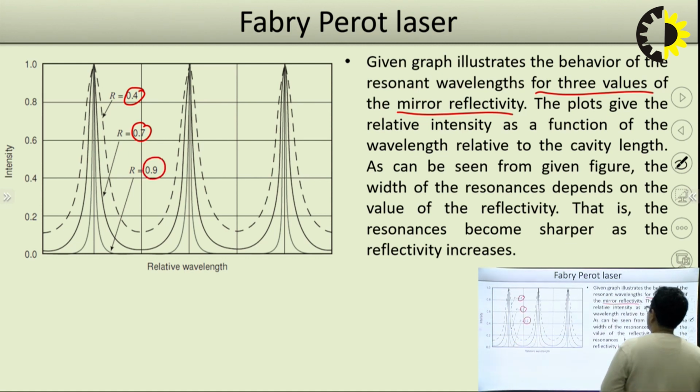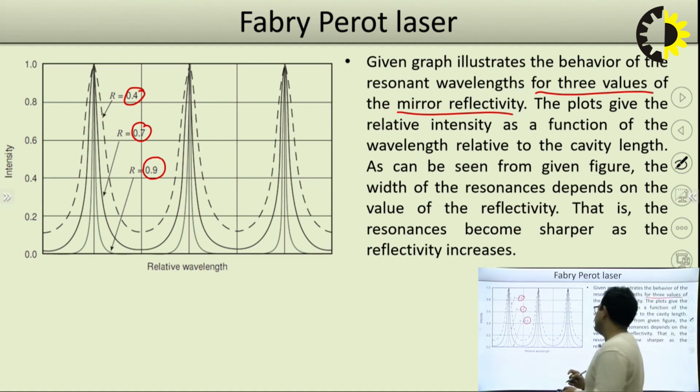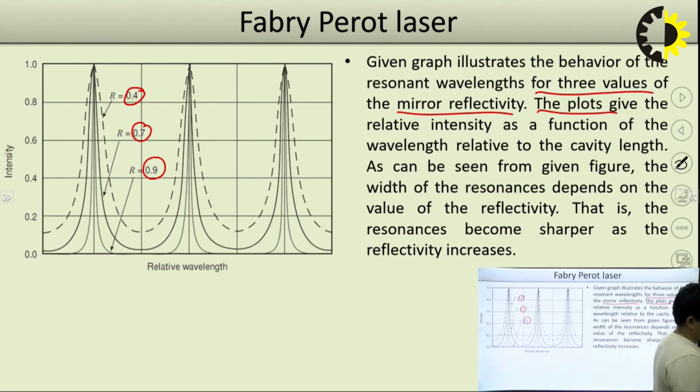So we are plotting the relative intensity as a function of the wavelength, considering the three different reflectivities.